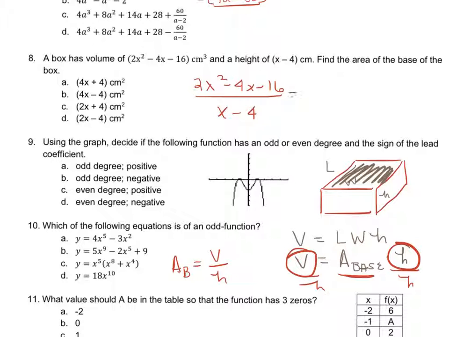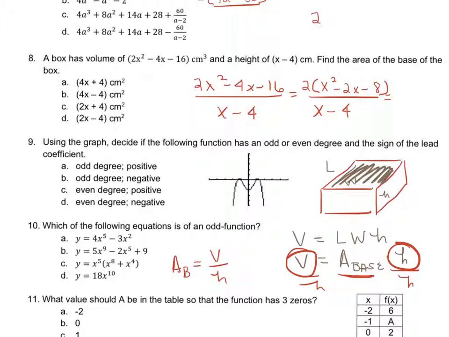You could do this with long division, but we've been practicing in class division of fractions like this. Let's just see if this thing factors. Okay. Running out of room here just a little bit. So I'll move up here.